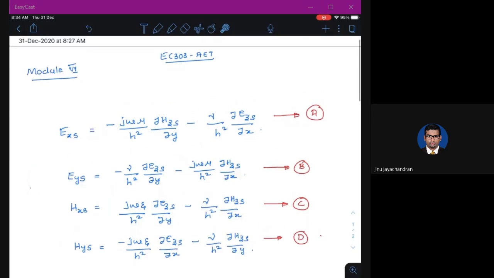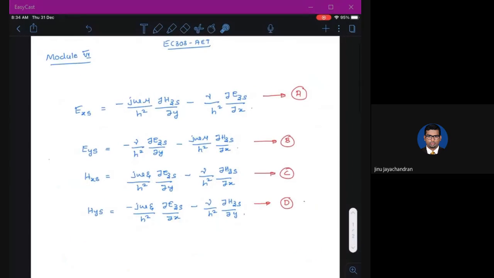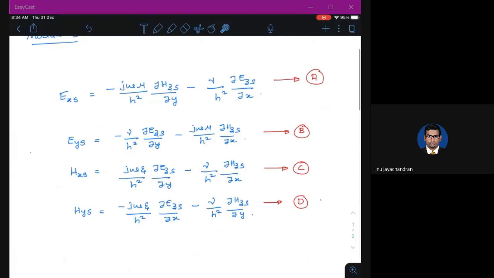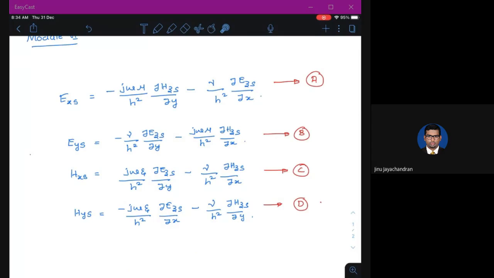If both, I'll repeat it again, that's an important statement. If both electric and magnetic field components along the direction of propagation don't exist, that means if Ez is equal to Hz is equal to 0, that means there is no electric field and magnetic field existing inside the waveguide, or there is no electromagnetic wave inside the waveguide.